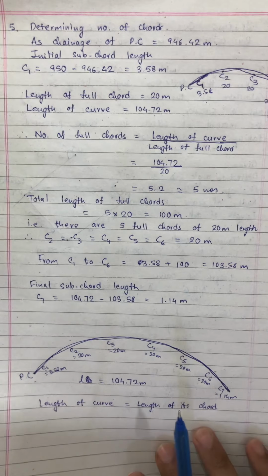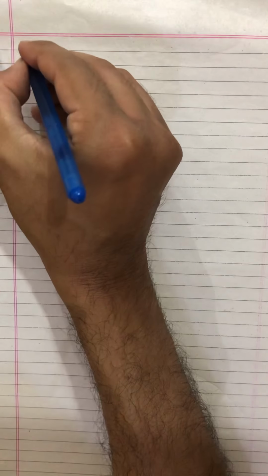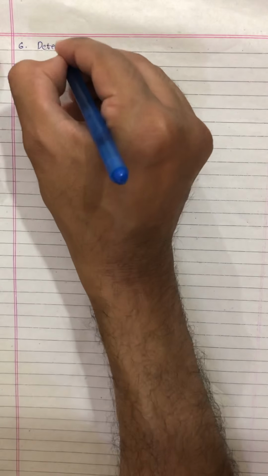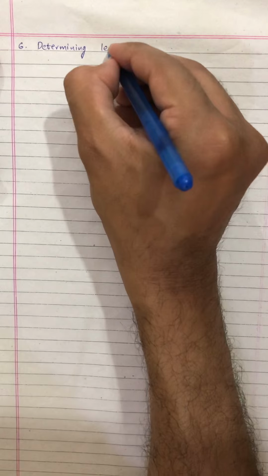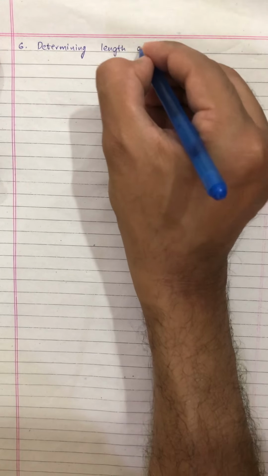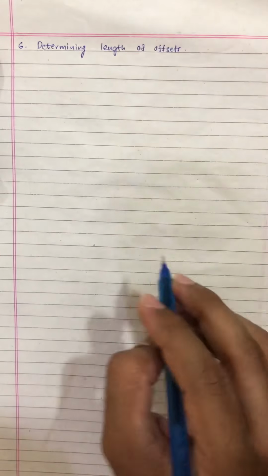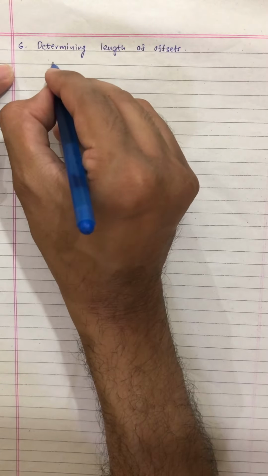But we need to find the offset length as well. So when we derived this, our next point is determining the length of offsets. Now what was the general formula for offset?